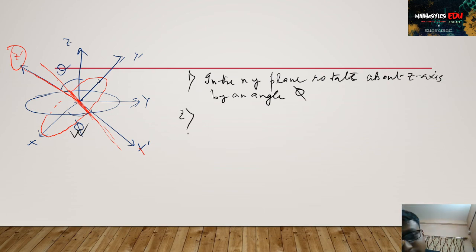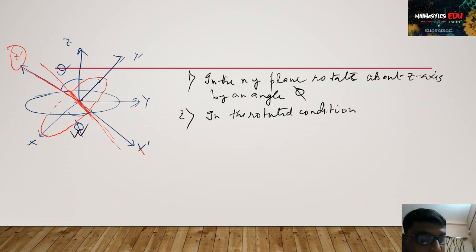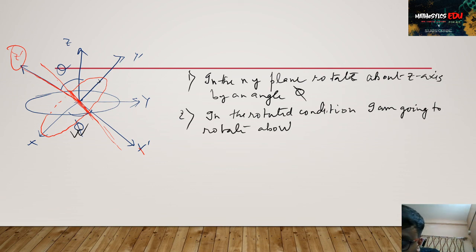Second is, suppose in the rotated condition, what I'm going to do, I am going to rotate about the nodal line, that is the line joining the final two planes that would have occurred.